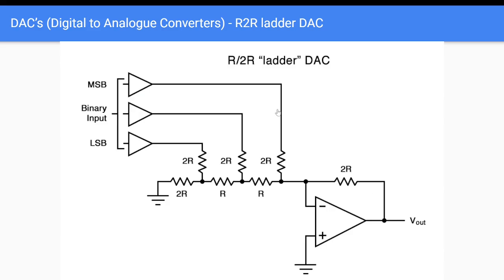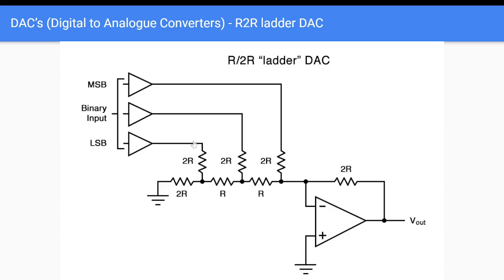This is the R to R ladder DAC, and this is the most significant bit. This is the least significant bit, meaning you're just putting in 0s and 1s. You can think of these as protectors or current amplifiers, current drivers, or buffers, whatever you want to name them.